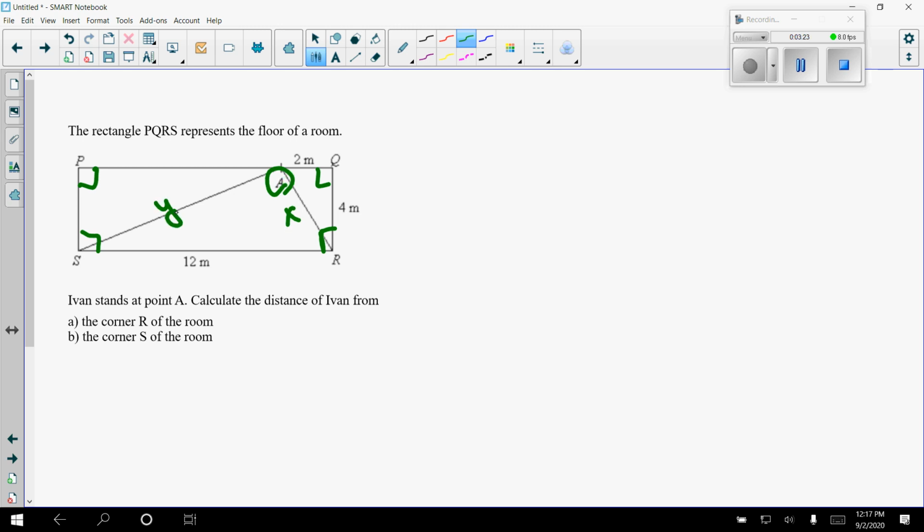Two unknowns. So when I have two unknowns, I'm going to look for one of the triangles where maybe I can have two knowns. And what I see right away is this triangle, where this is Q and this is R, and we call this I for Ivan. I know this is 2 and this is 4, and here's my right angle.